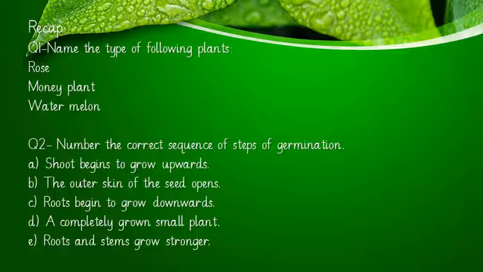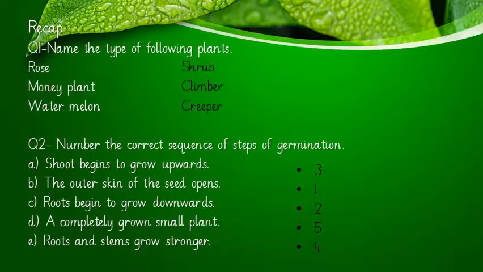C. Roots begin to grow downwards. D. A completely grown small plant. And last one, E. Roots and stems grow stronger. Recall and think about it and match your answers later on.